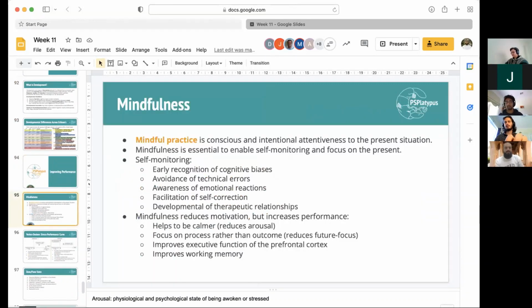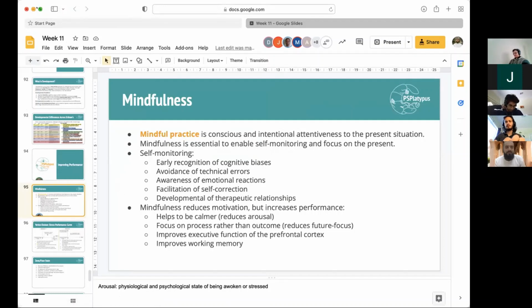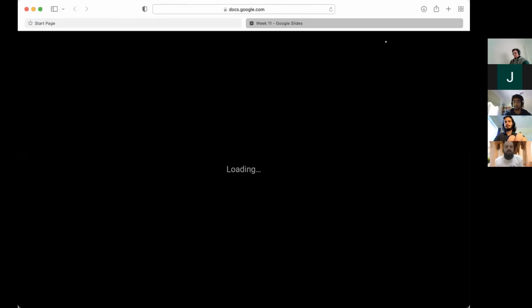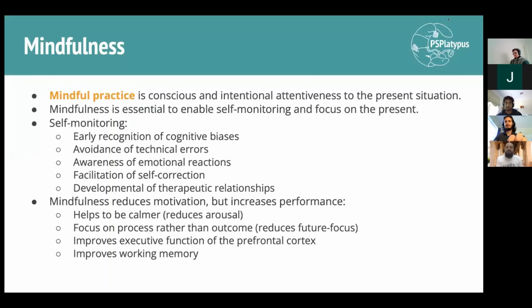Yeah, so today we are going to talk about mindfulness. To start with, we will talk about mindful practice, which is a practice to get to the state to be mindful.